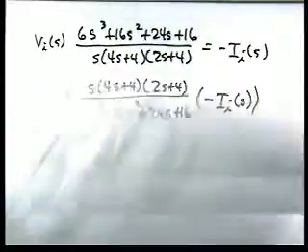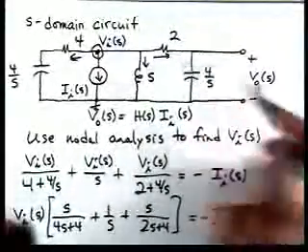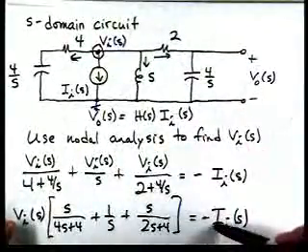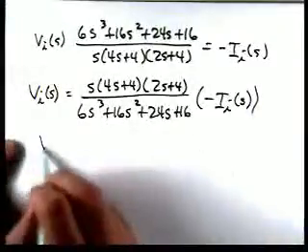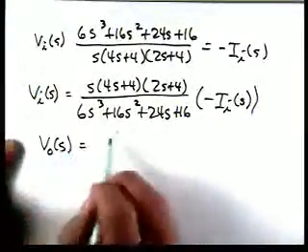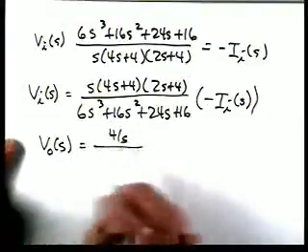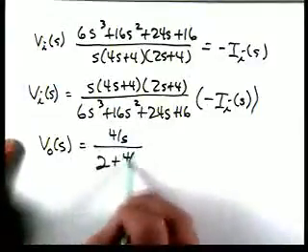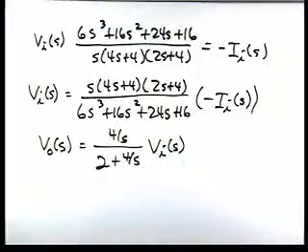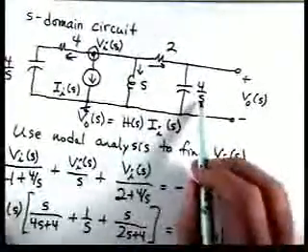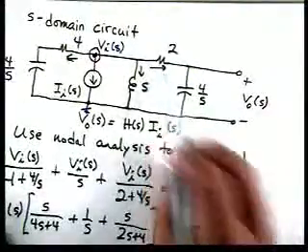Now if we go back to our circuit, this V0 is just a voltage divider. So V0 then is 4 over S over 2 plus 4 over S times VI. We want the voltage here, so we put this in the top and those two in the denominator.